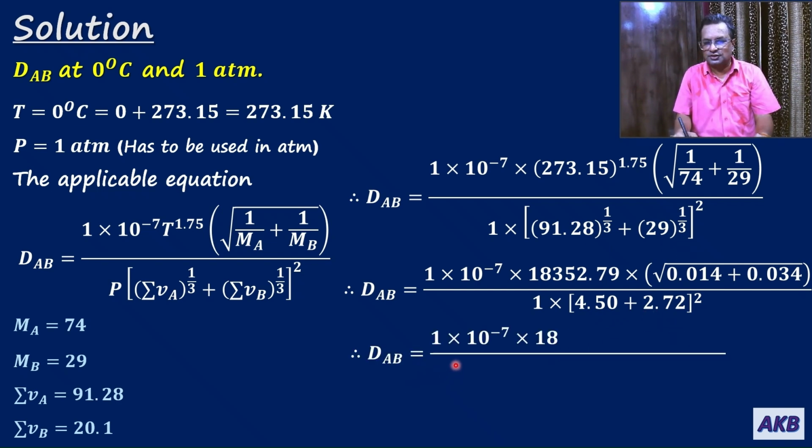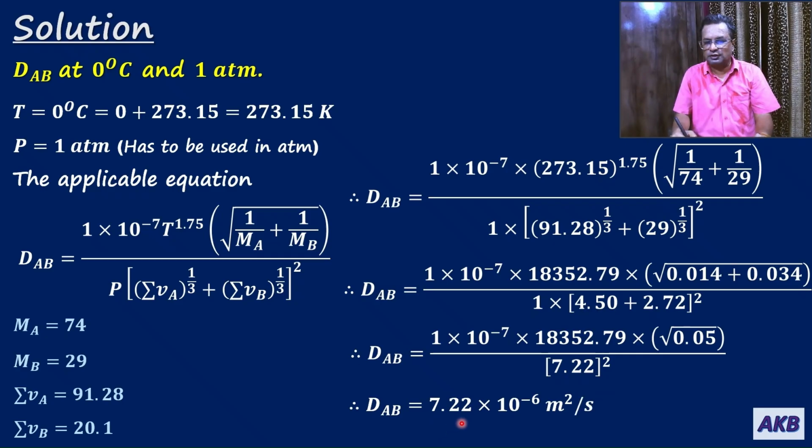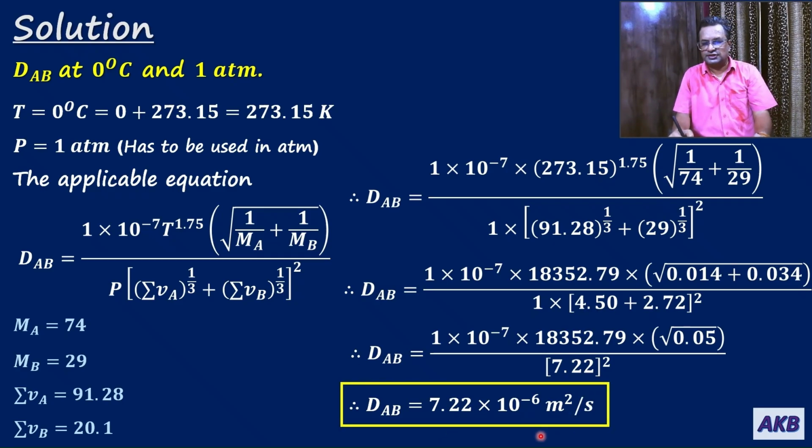So DAB is 1 into 10 to the power minus 7 into 18352.79 into under root of 0.05 divided by 7.22 square. That gives us DAB as 7.22 into 10 to the power minus 6 meter square per second. Therefore, diffusion coefficient of N-butanol in air at 0 degrees Celsius and 1 atmosphere is 7.22 into 10 to the power minus 6 meter square per second.